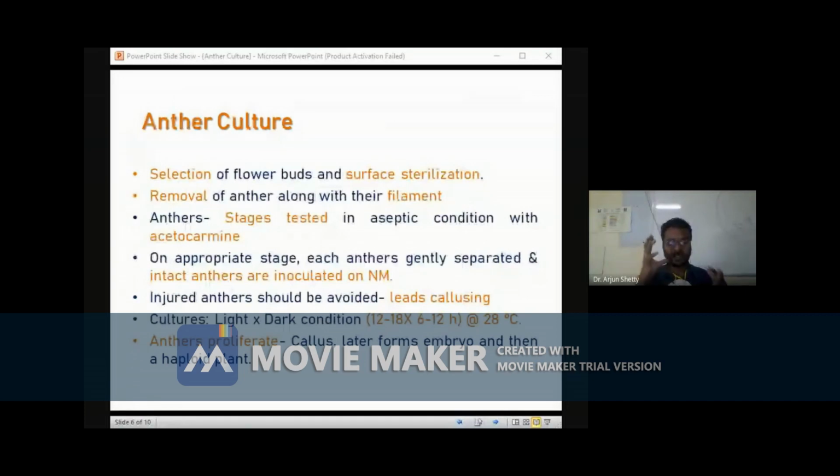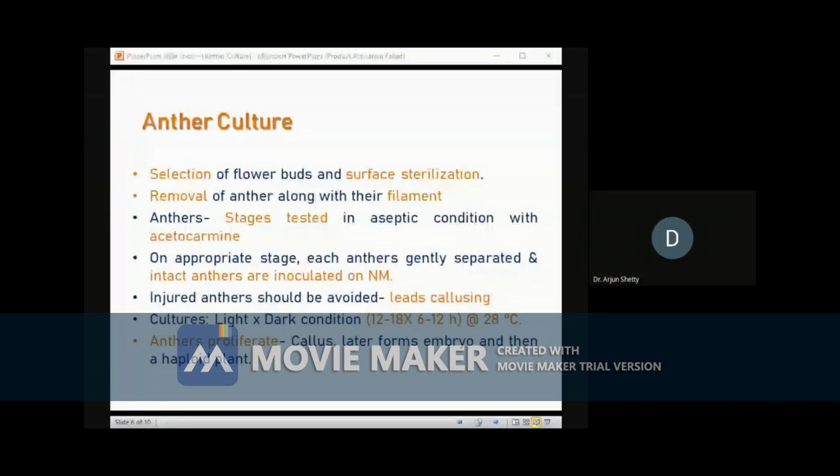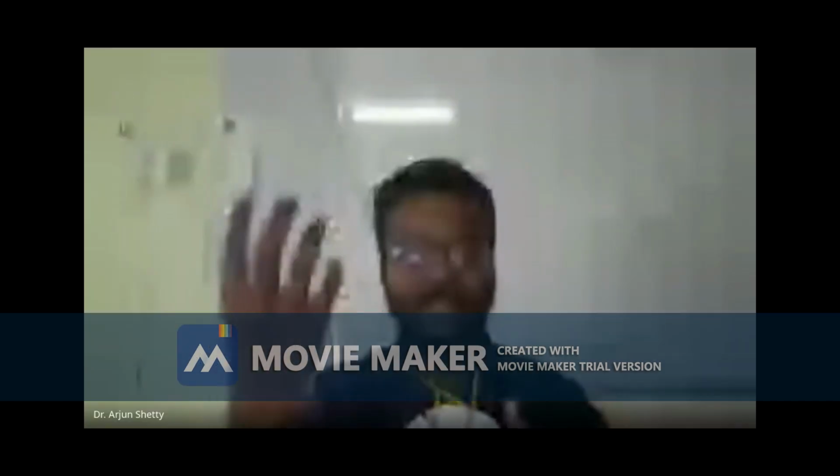During the course of isolation, selection, and when studying the stages of the anther, if there is any injury or mechanical or physical damage to the anther, those anthers should be avoided. The anther contains both the pollen as well as all the parts of the anther wall: the epidermis, endothecium, the tapetum, and the central cavity holding the pollen grains or microspores.